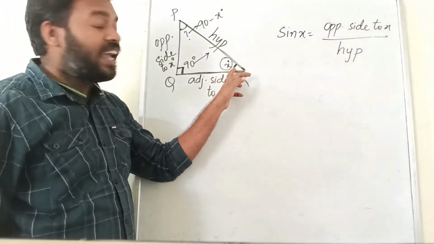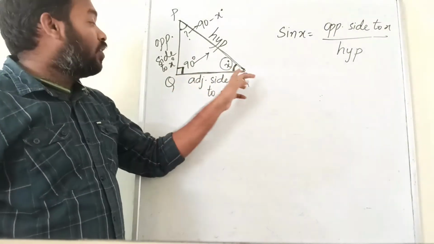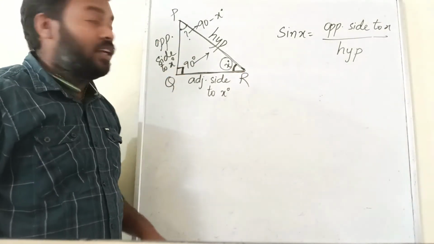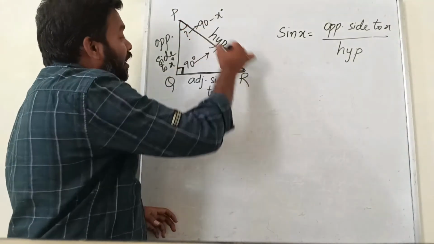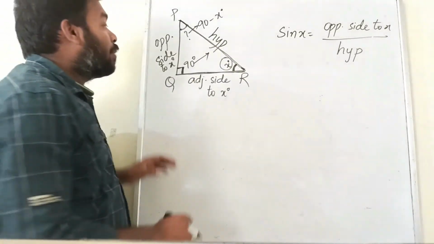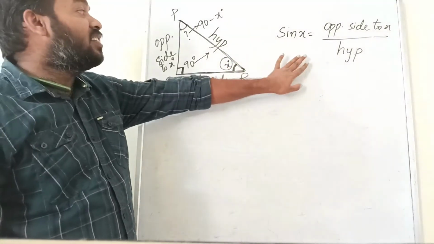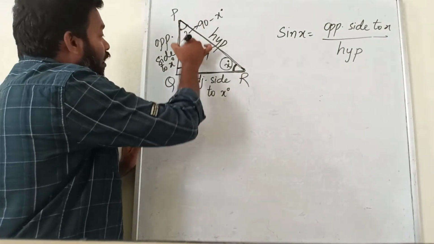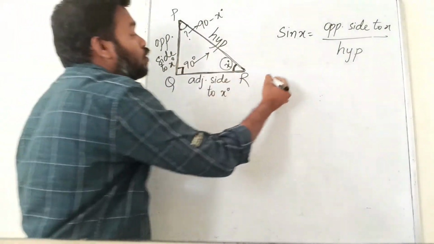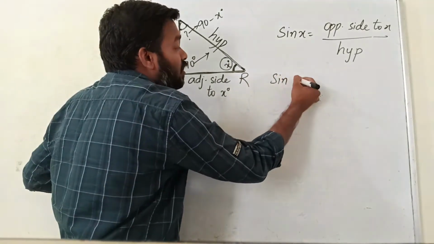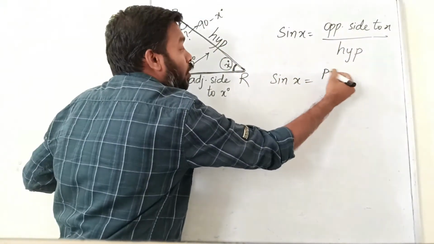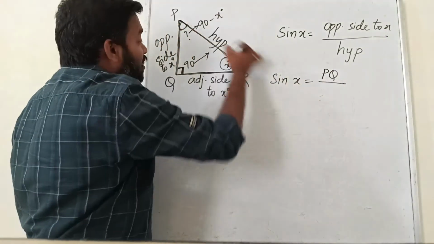When we are considering x, QR will be the adjacent side and PQ will be the opposite side, and already we got that PR is the hypotenuse. Substitute these sides in this formula. What is the opposite side to x? We have PQ. So sin x is PQ by PR.